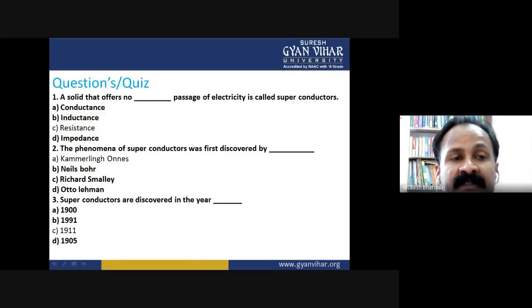Other properties like frequency effect. Superconductivity is observed for DC and up to radio frequencies. It is not observed for higher frequencies. For a superconductor, the resistance is zero only when the current is steady or varies very slowly.